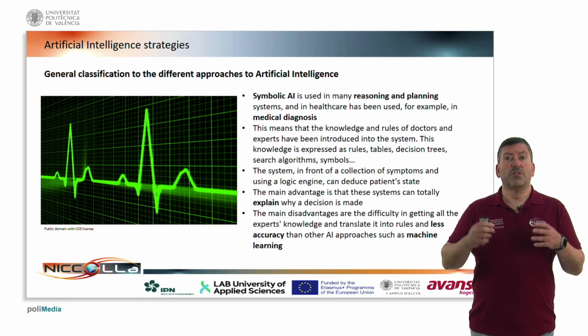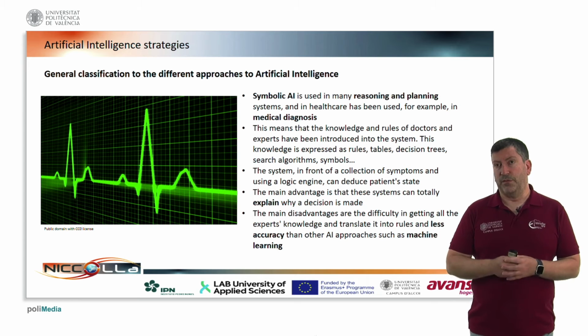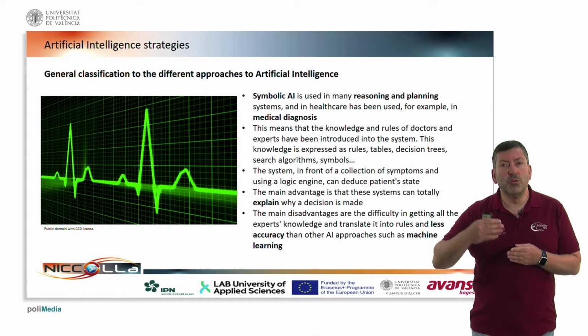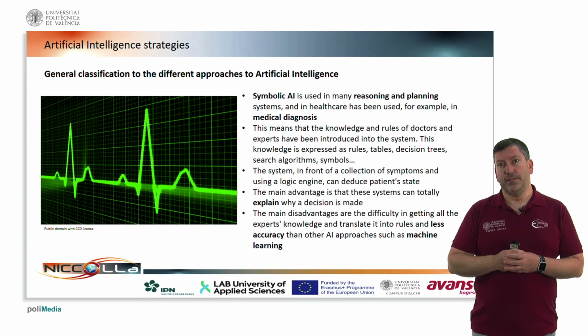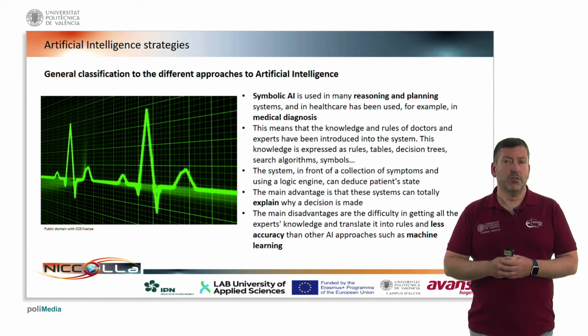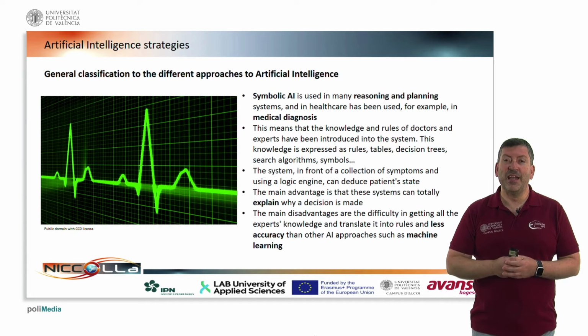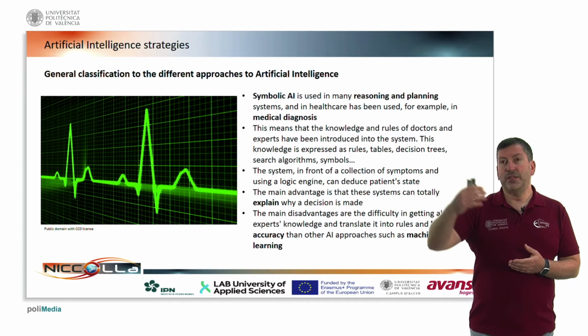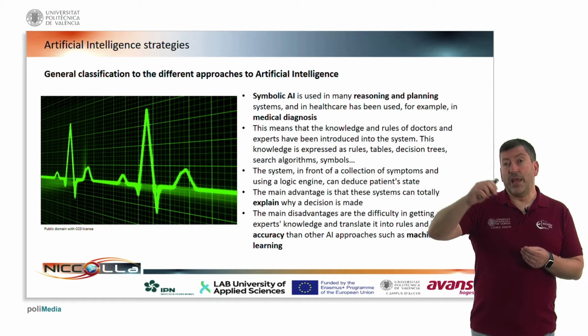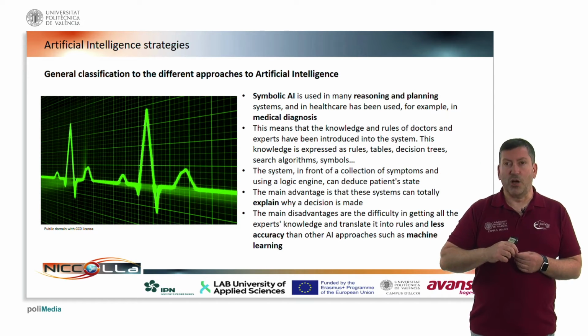So the system, in front of a collection of symptoms of a patient, for example, and using a logic engine, can deduce the patient's state. The main advantage is that this system can totally explain why a decision is made. So when the AI system deduces something, we can know exactly what is the trace of the deduction process, okay?